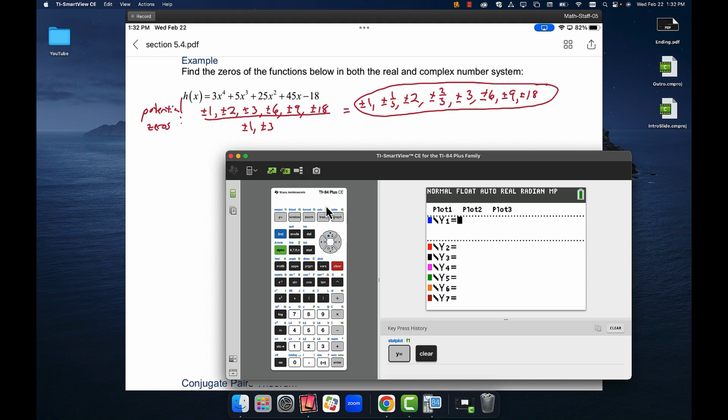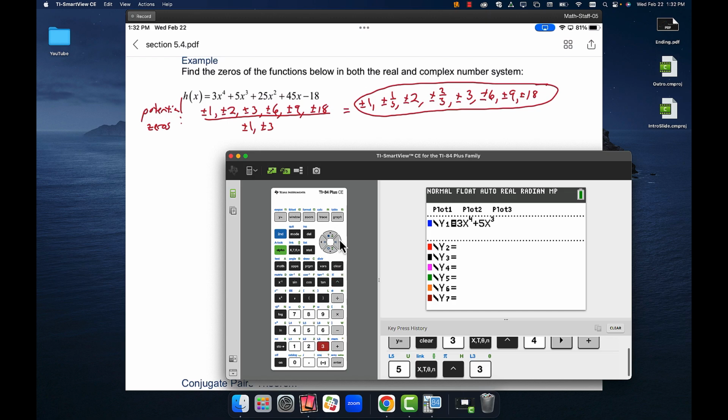Once we have our calculator up, we will type in the function. Be careful not to make any typos. It's always a good idea to double check after you type those in.